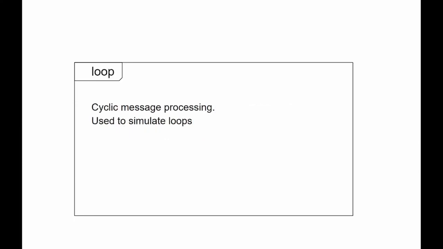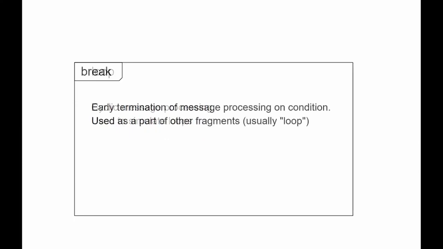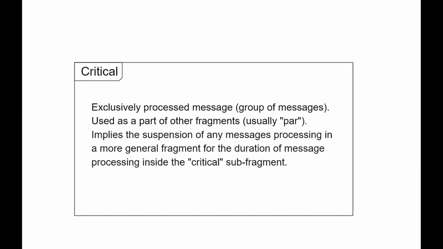Loop. As obvious as it looks, it is used to simulate loops. Break. Early termination of message processing on condition, used as a part of other fragments, usually loop. Critical. Exclusively processed message or group of messages, used as a part of other fragments, usually par.